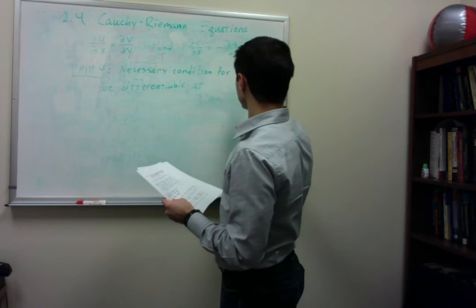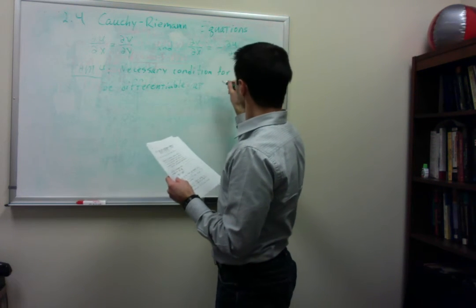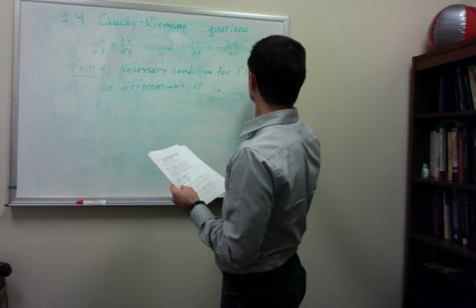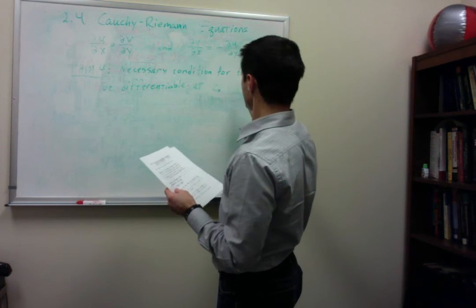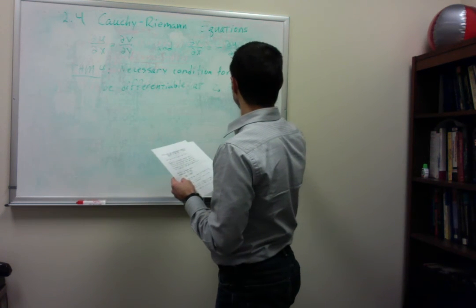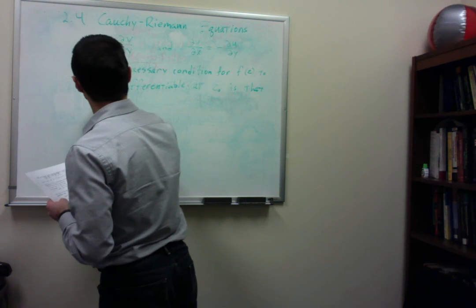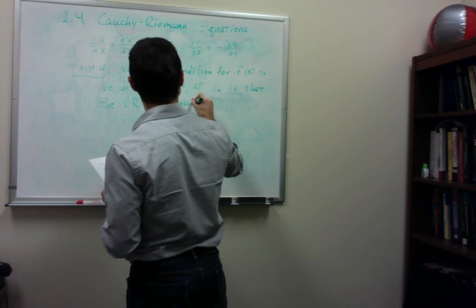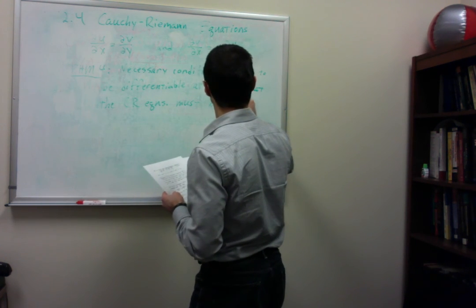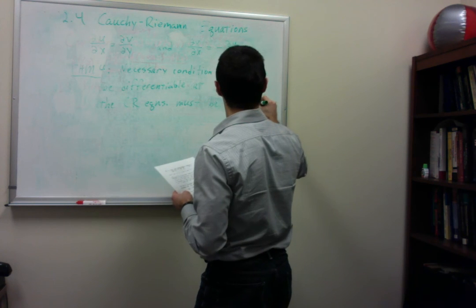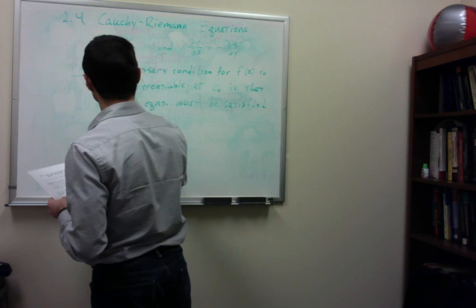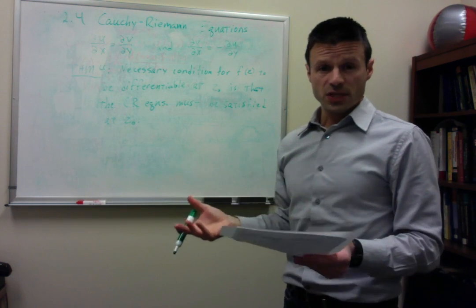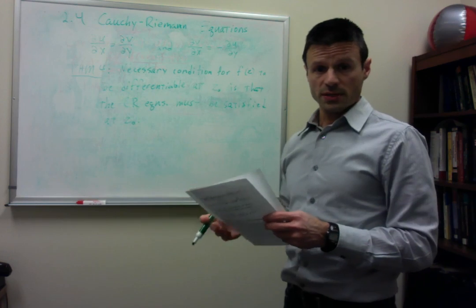So the necessary condition for f of z to be differentiable at z sub 0 is that the Cauchy-Riemann equations must be satisfied at z sub 0. Okay, and so in the next video we'll actually look at some examples where we use the Cauchy-Riemann equations.